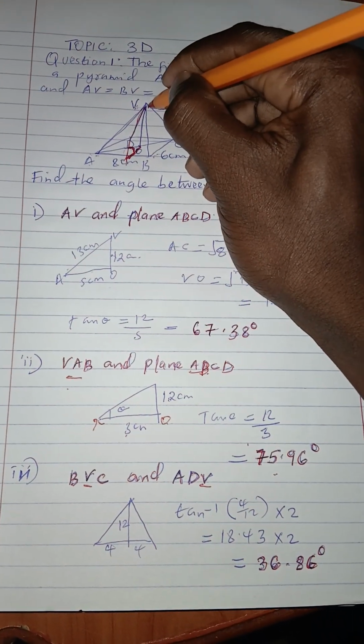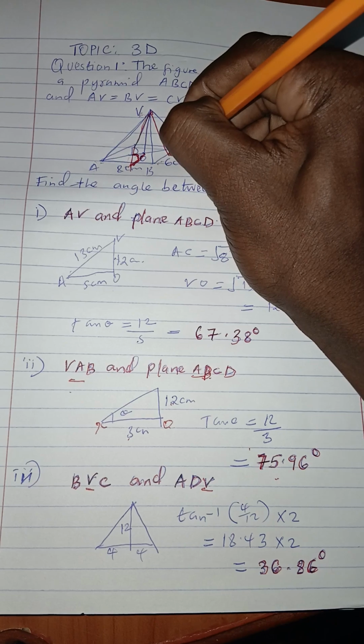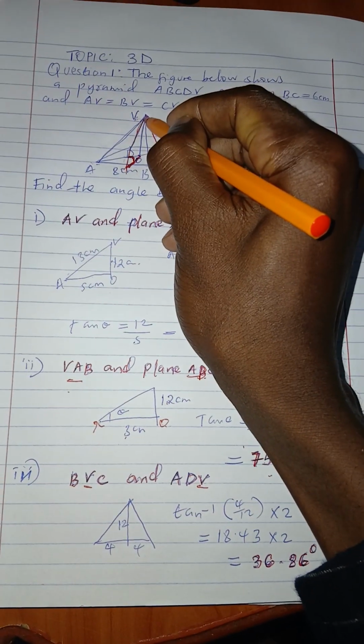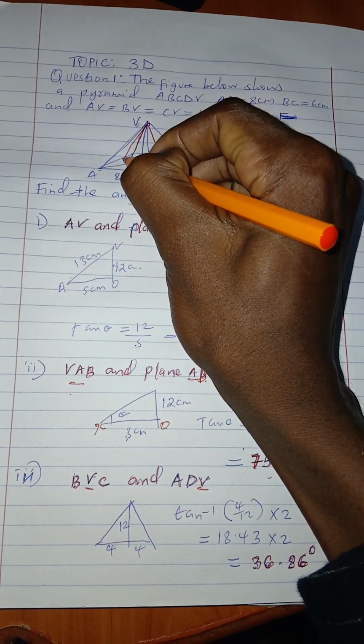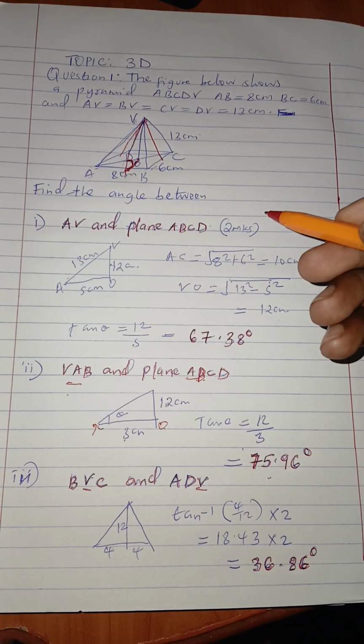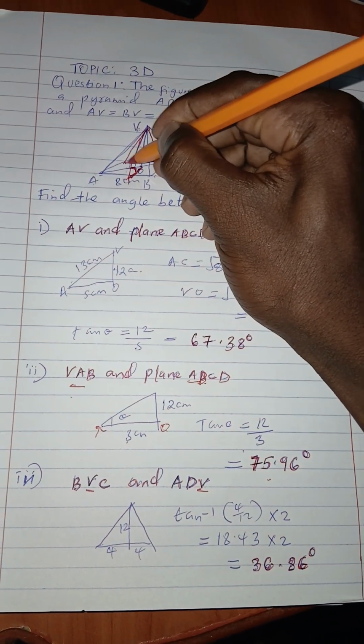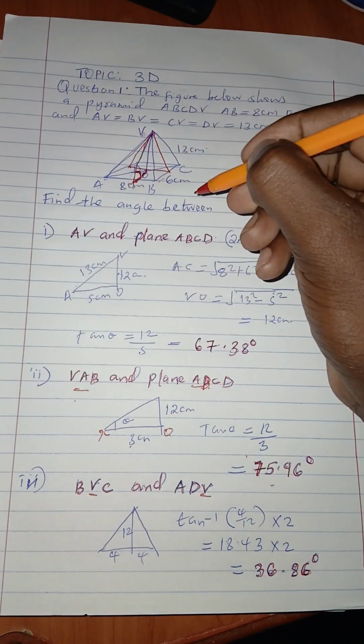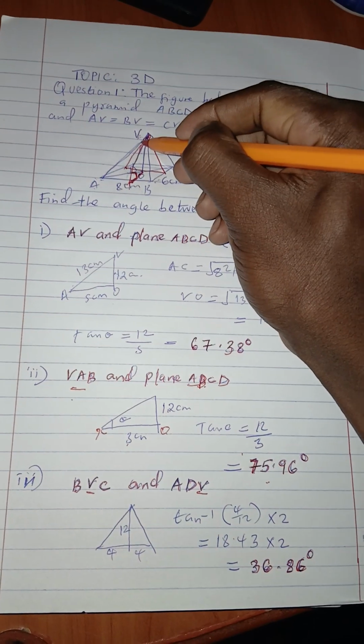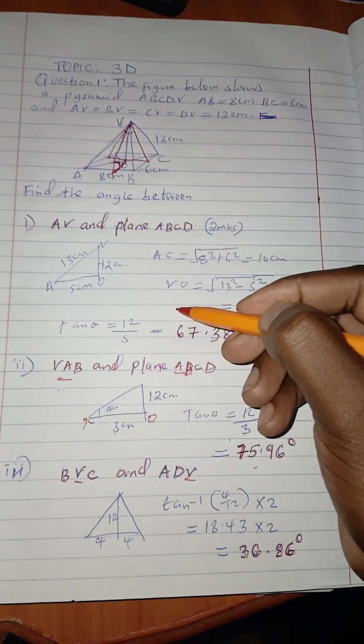If I bisect VBC at the middle, and I also bisect the back plane ADV, I create a triangle there using that red pen. So the angle is at the top at point V.